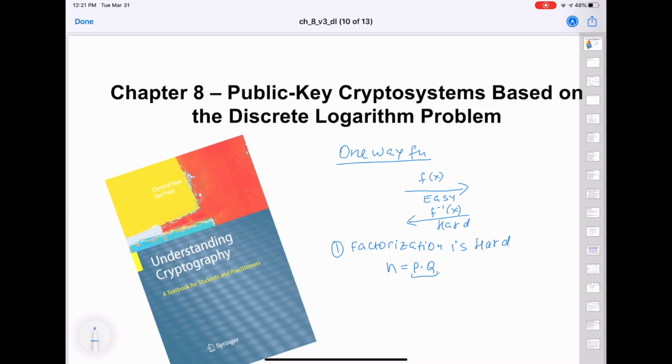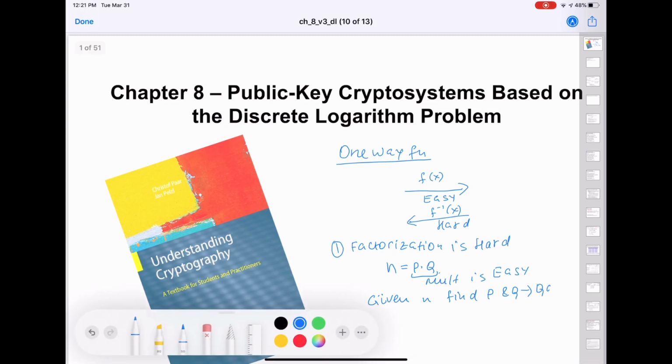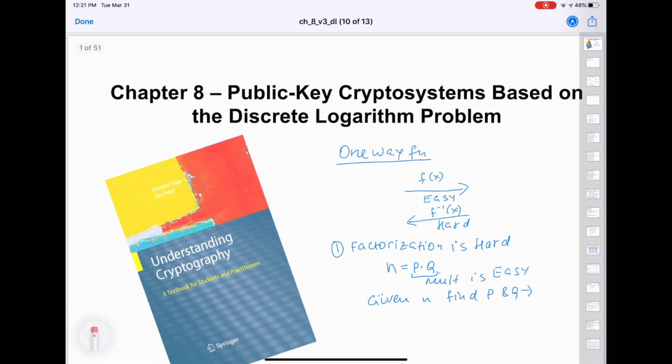Multiplication is easy. But what is hard is, given n, find p and q. This is called hard, and RSA relies on that one.